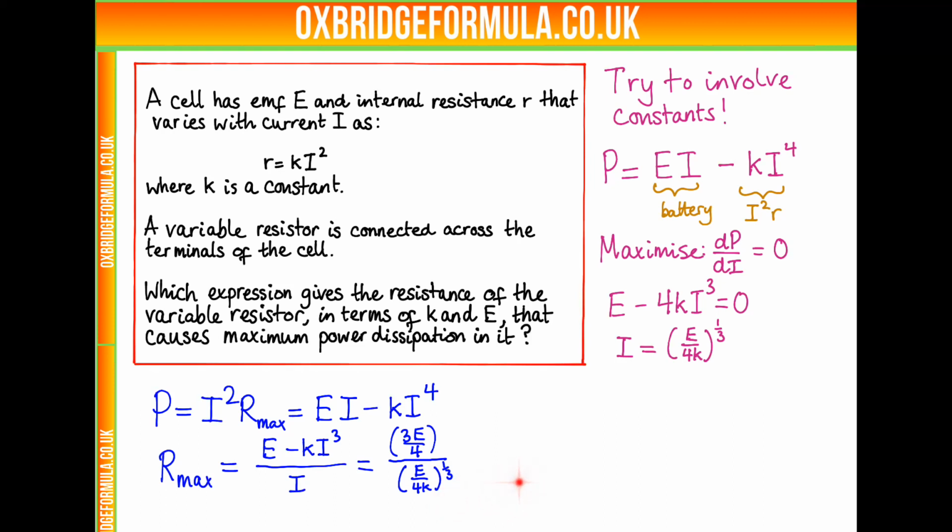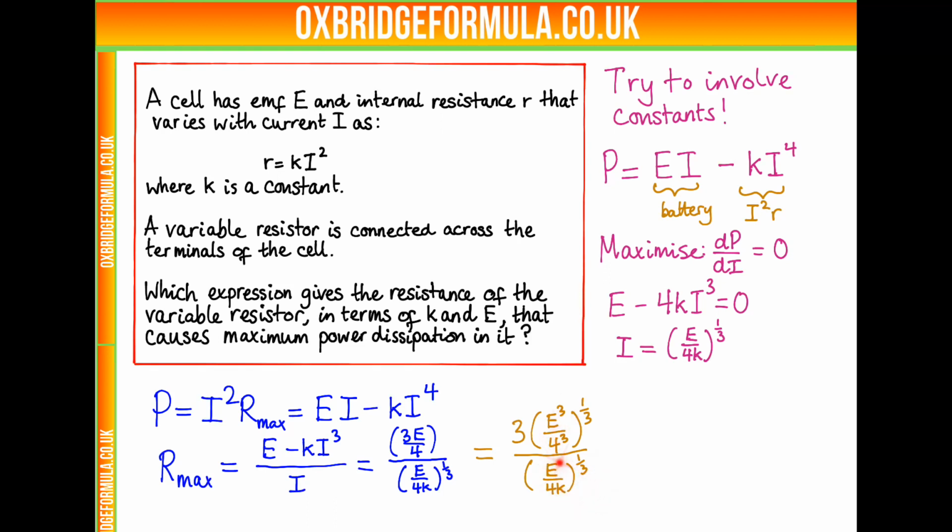Now the answers give options in terms of a constant or a number times something to the power of a third. So it'd be good to get every one of these quantities on the numerator and denominator into a power of a third. So we have to take the 3 out, and we can get the E cubed over 4 cubed to the power of a third, and then E over 4K to the power of a third remaining on the bottom.